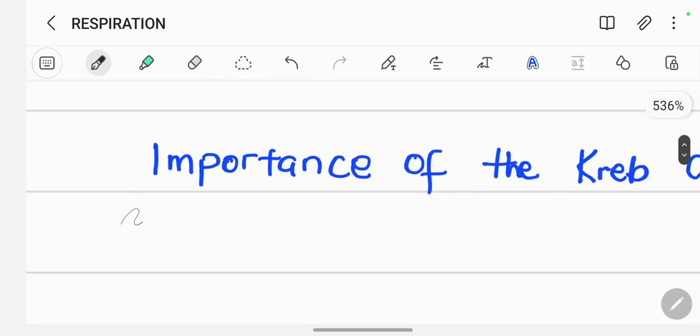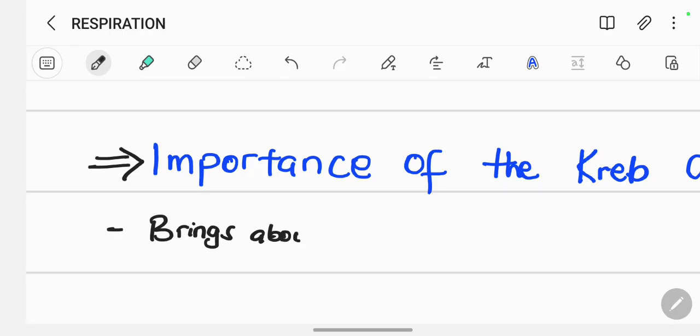Under this we have, one, it brings about the generation of macromolecules.